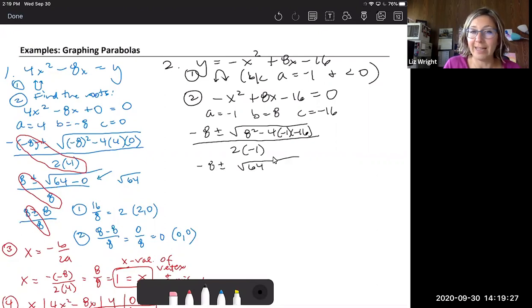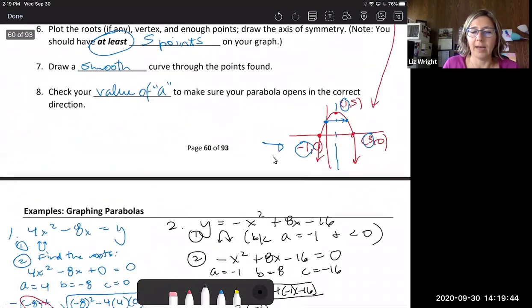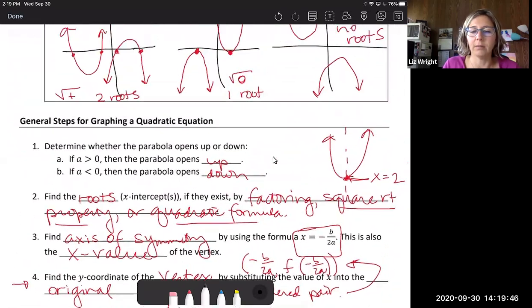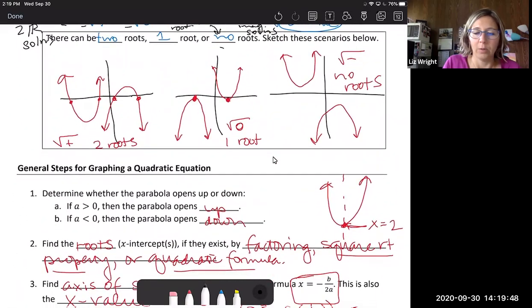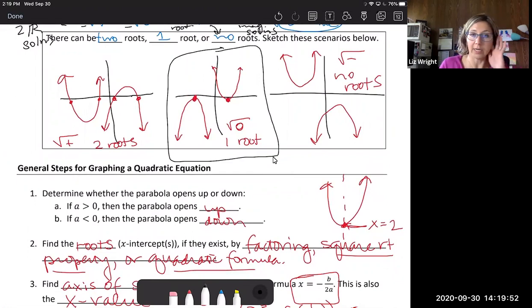We have 3 negatives, so it's going to be a negative here. 16 times 4 is also going to give you 64, and you're going to get negative 2. You should stop right at this moment and say, okay, what does that mean again? What's going to happen when I get a 0 underneath the radical? How many roots am I going to get? Right here, when our 0 is underneath the radical, we're going to get 1 root.